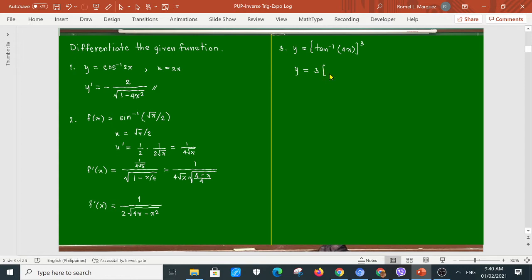So the base is inverse tan of 4x. Then subtract 1 from the exponent. So that is 2 times the derivative with respect to x of inverse tangent of 4x. Okay?